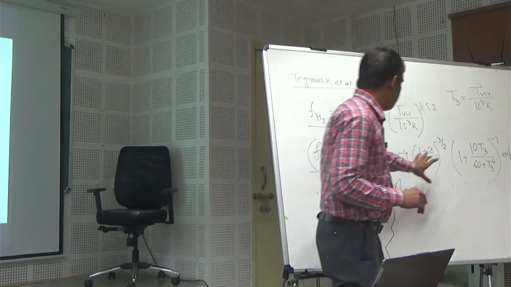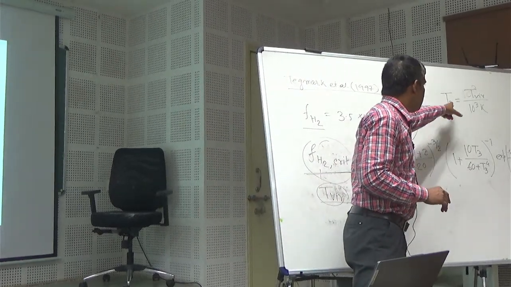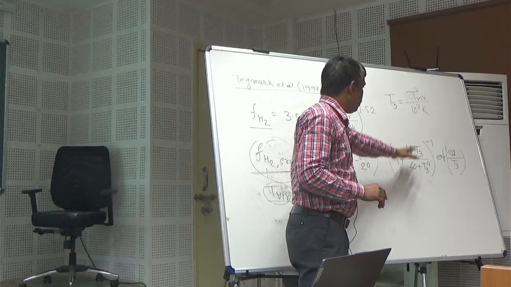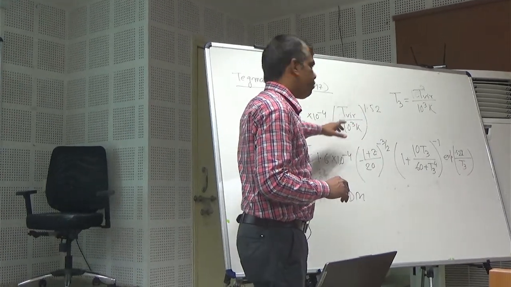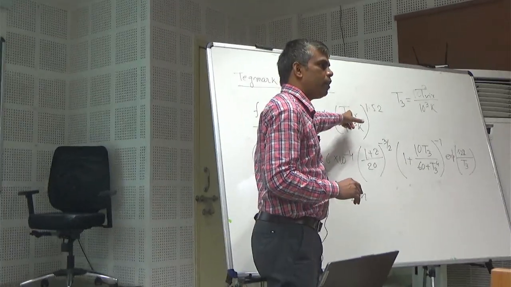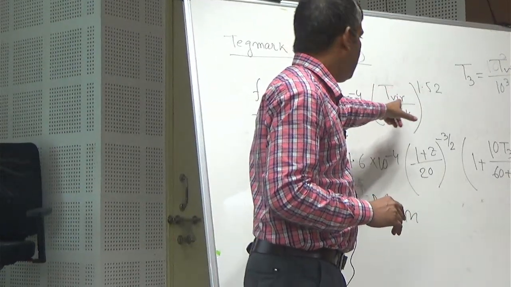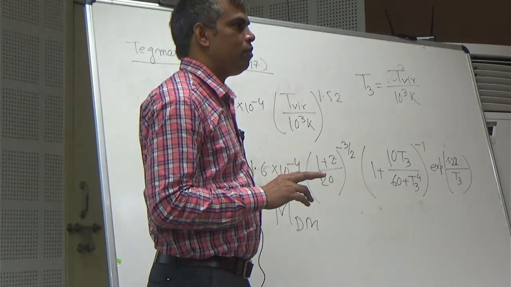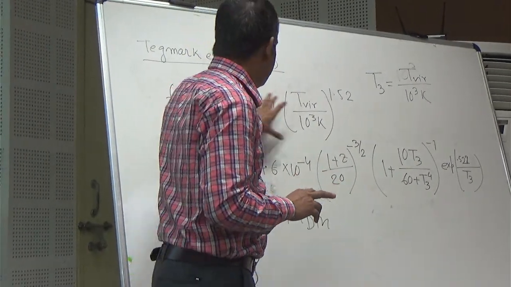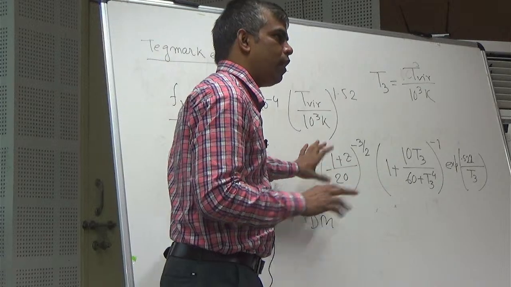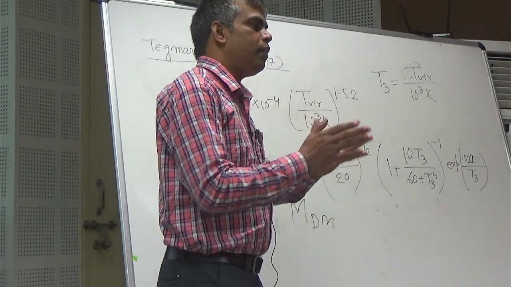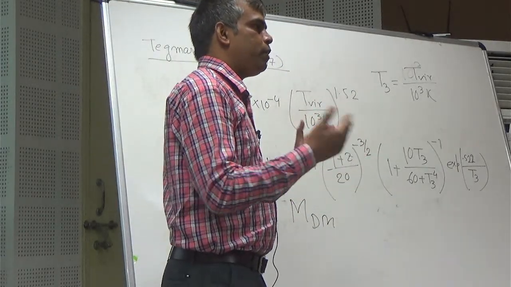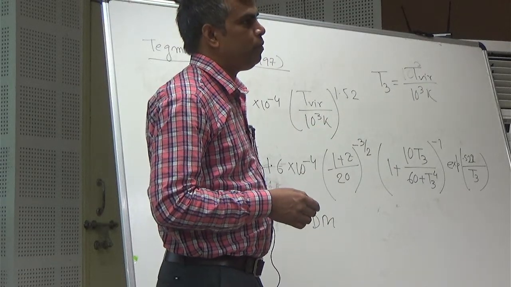This is also a function of T3. T3 is basically T virial. All are T virial because you have to solve these two equations for a particular T virial. If they are different, then you cannot solve it. Then you have two unknowns. So this is F of T virial, this is also F of T virial, and you equate them and find T virial, basically the root of that equation.